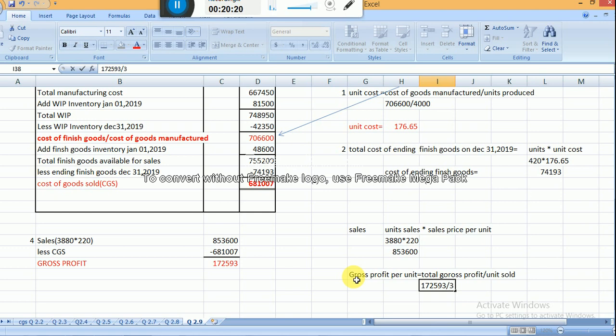So the result is 44.48. This is another answer: gross profit per unit is 44.48, and total gross profit is 1,72,593.